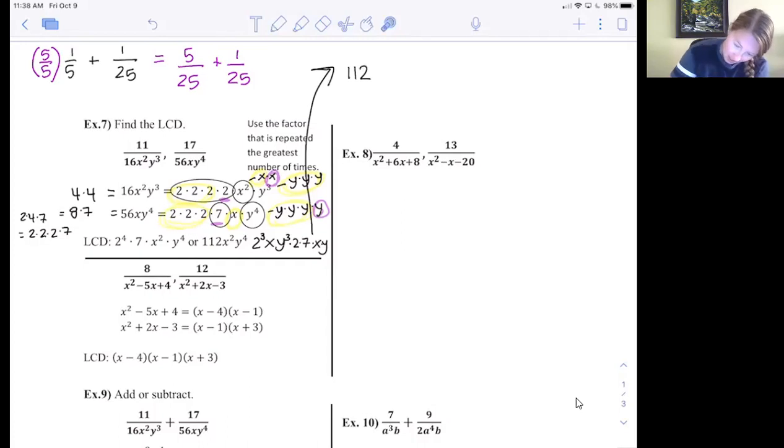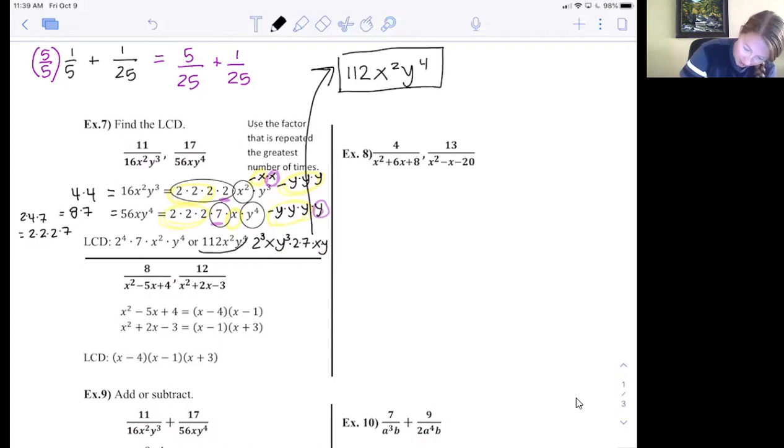And then I've got 1x, 2x. So x squared, and then I've got y cubed times y, so I have 4y, so y to the 4th. So that's my LCD, which is what they have right here. Okay, hopefully this is starting to make a little sense.